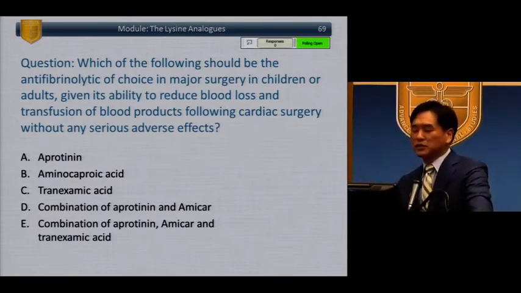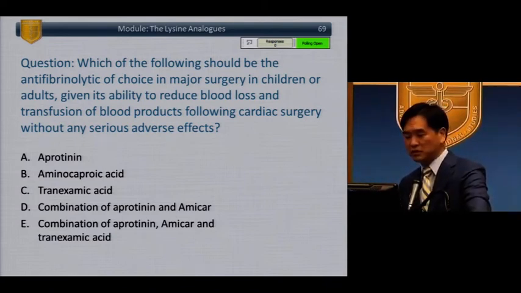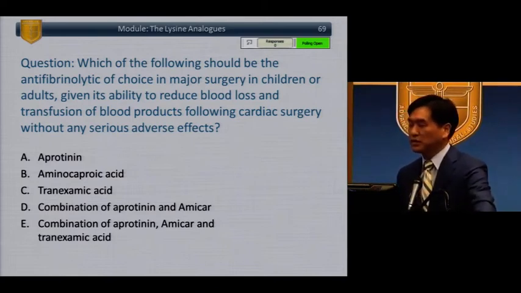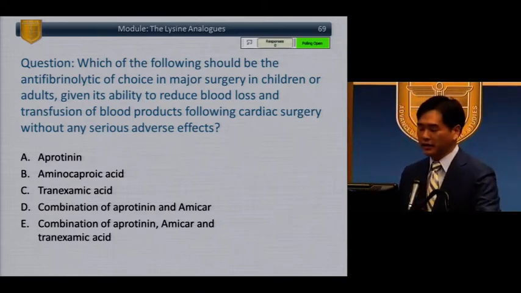Anyway, which of the following should be the antifibrinolytic of choice in major surgery in children or adults, given its ability to reduce blood loss and transfusion of blood products after cardiac surgery without any serious adverse effects?